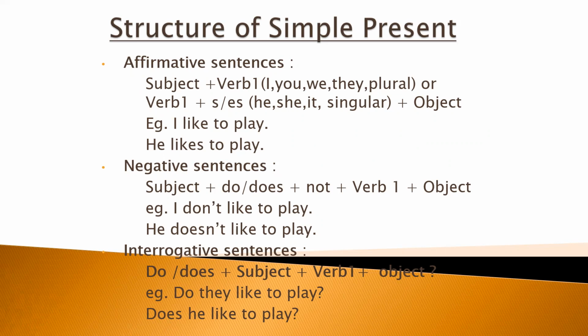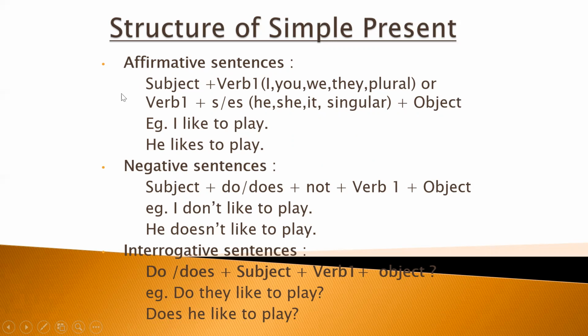In these type of sentences, in simple present, first we use the subject and then the first form of the verb if the subject is I, you, we, they or plural. If we have any of these subjects, then we use only the first form of the verb. But if the subject is he, she, it or singular, in that case we add s or es to the first form of the verb, and after that we use object.